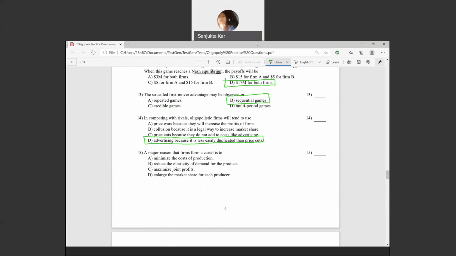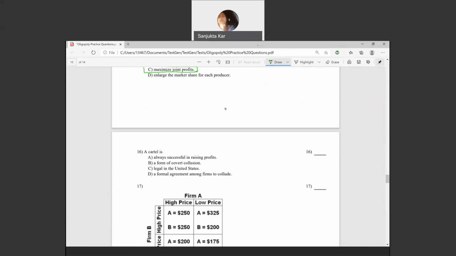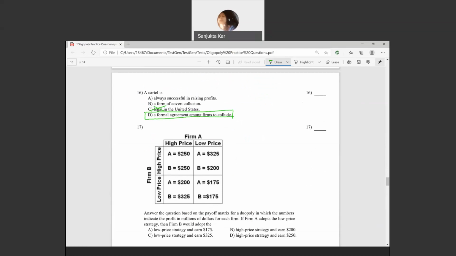A major reason that firms form a cartel is to maximize joint profits. Question 16. A cartel is a formal agreement among firms to collude, and definitely this is illegal in the United States. The famous cartel is the OPEC cartel, the cartel of the oil producing and exporting countries of the world.